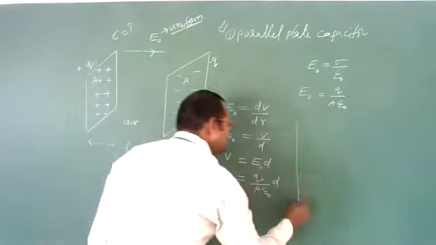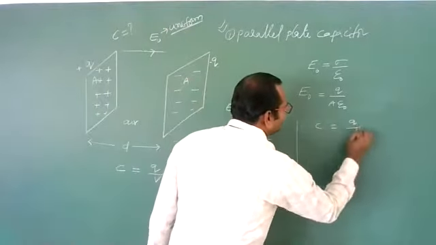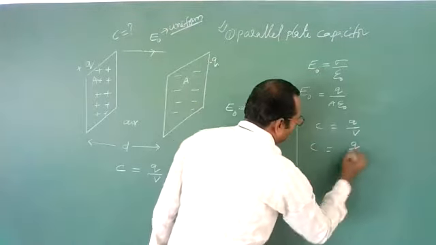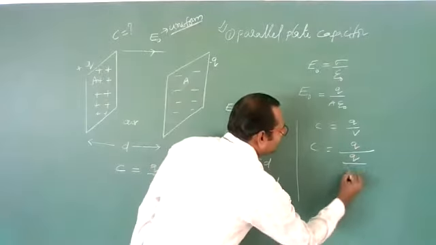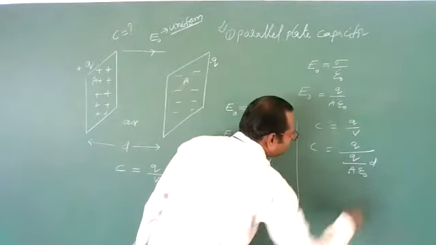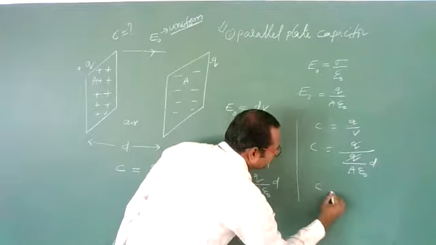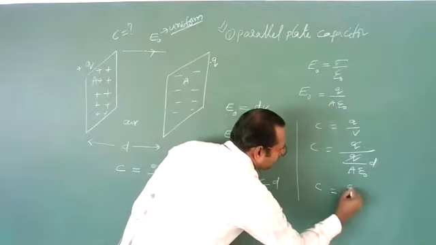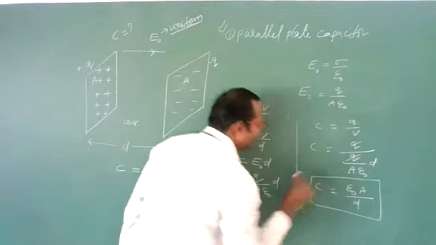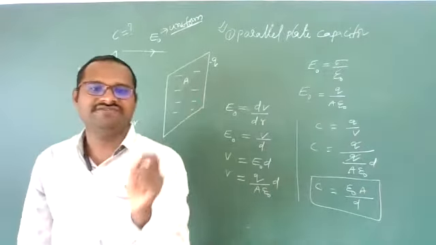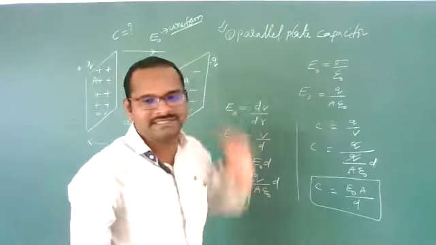Capacitance C is equal to Q by V. Then C is equal to Q upon the V value. V value is Q by A epsilon naught into D. Q cancels. You get C is equal to epsilon naught A divided by D. This is the formula for the capacitance of a parallel plate capacitor.